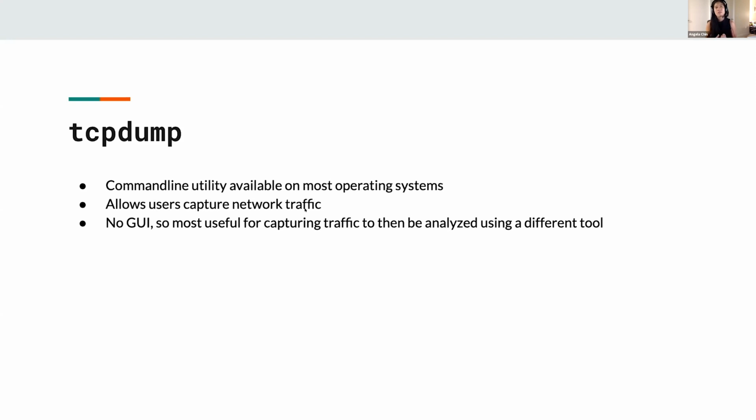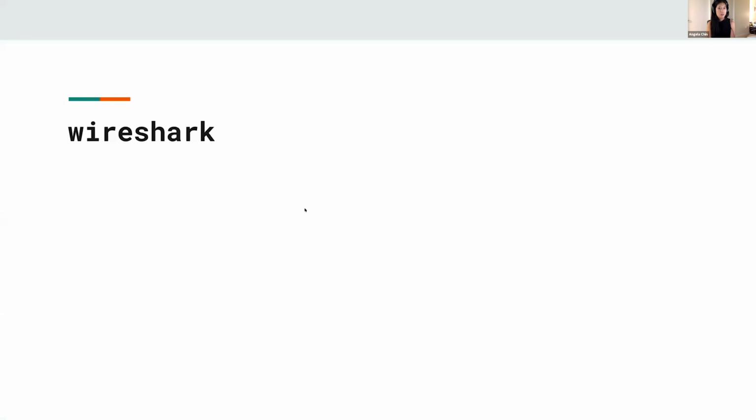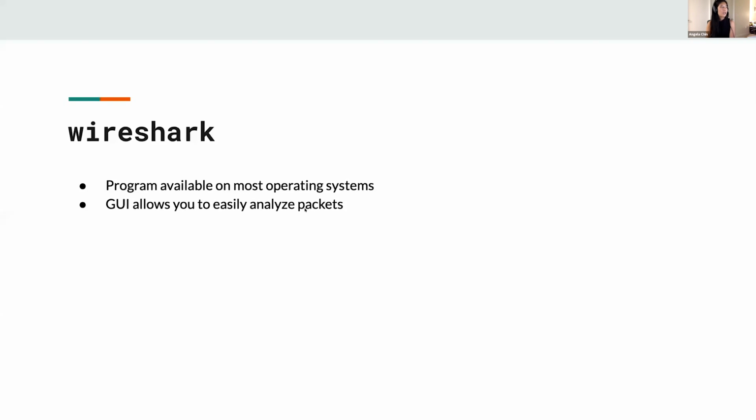Given that, our fourth and final tool has to be a way of analyzing the output of tcpdump, and that tool is Wireshark. Wireshark is a program available on most operating systems that provides a GUI that allows you to easily analyze packets. You can analyze packets in real time, or you can analyze the uploaded file, which the latter is what I like to do.